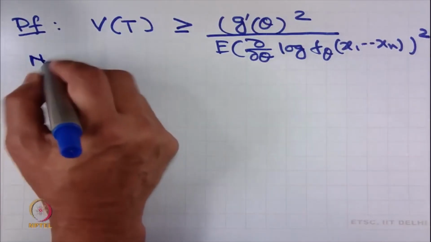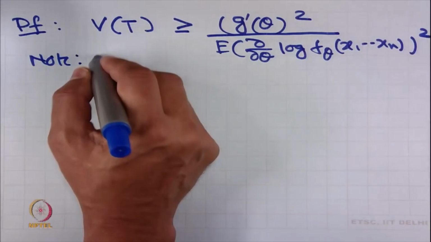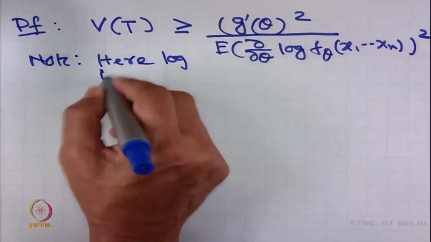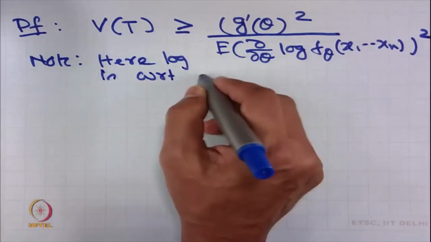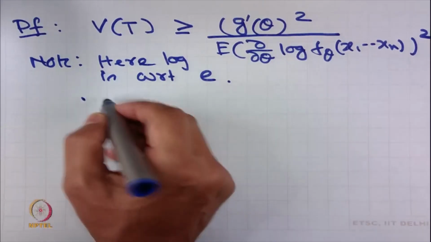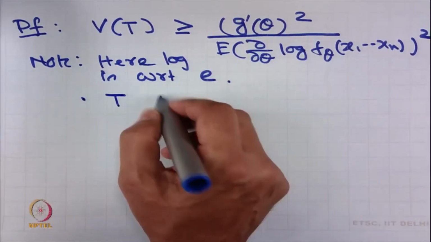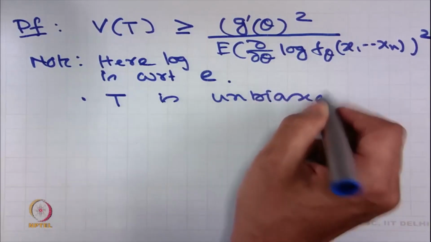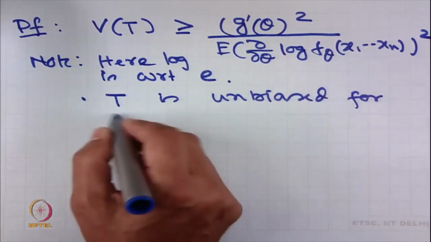Note here logarithm is with respect to e, and also note t is unbiased for g theta.